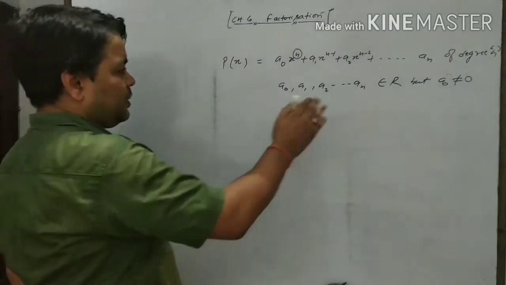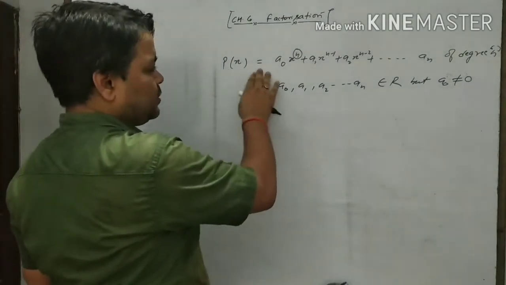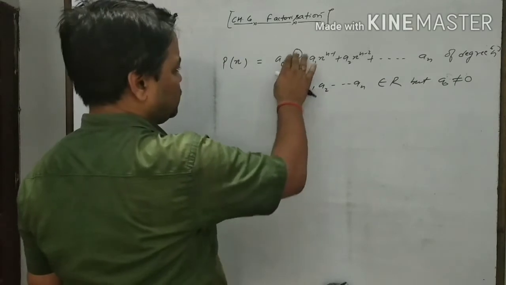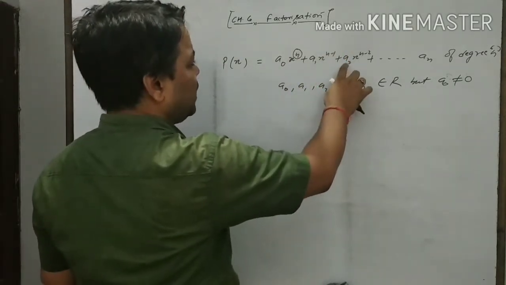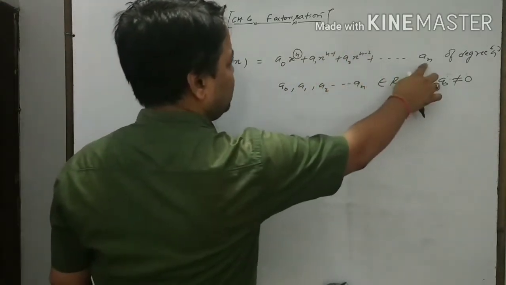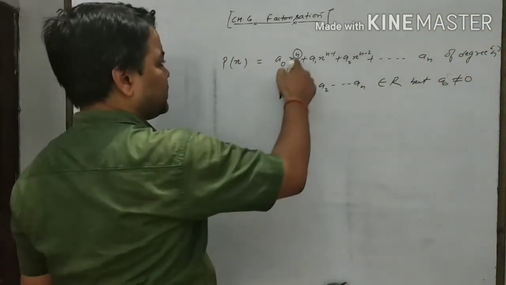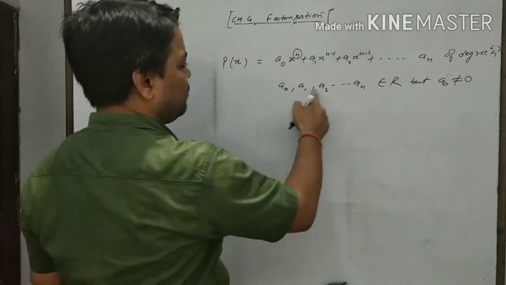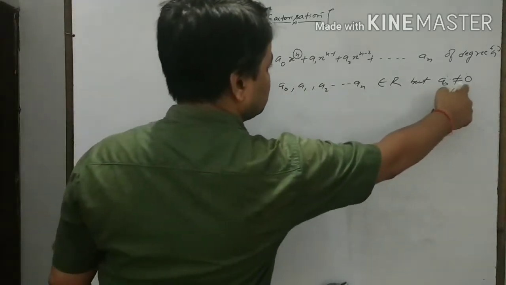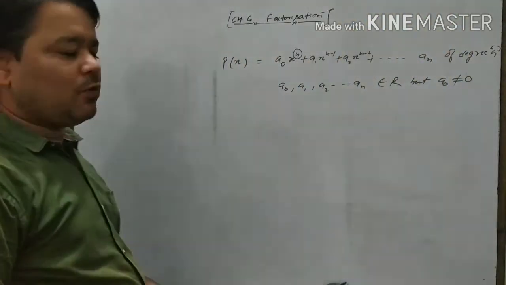Okay, here we can say Px is equal to a0 x to the power n plus a1 x to the power n minus 1 plus a2 x to the power n minus 2 up to an is a polynomial of degree n. Why? Because the maximum power is n, where a0, a1, a2 are real numbers, but the value of a0 should not be equal to 0. Why?